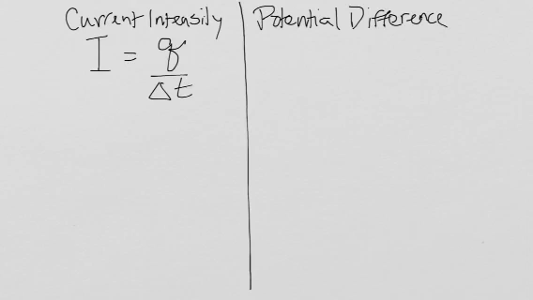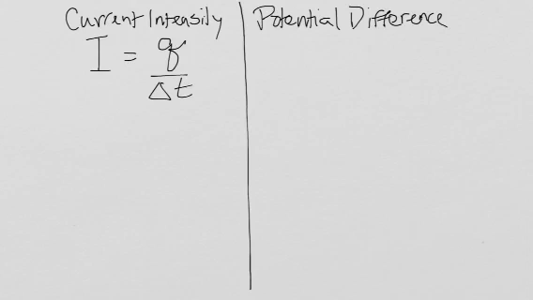Now, potential difference, on the other hand, is going to be measuring something else. Current intensity measures the actual charge passing through one point in the circuit every second. Every second it's measuring charge.